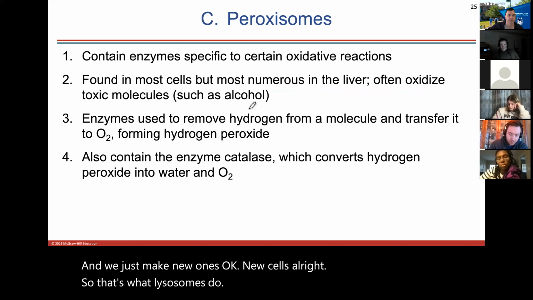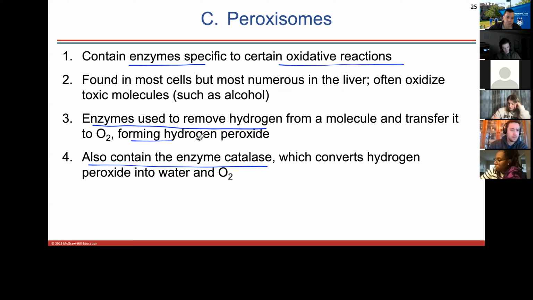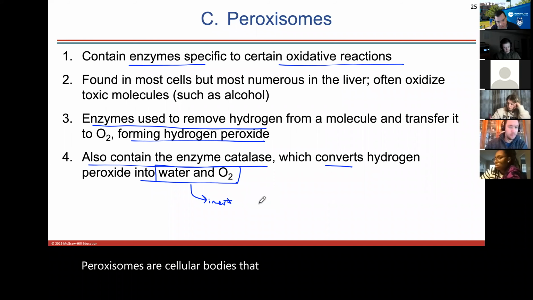Peroxisomes. Peroxisomes are cellular bodies that contain peroxidases.